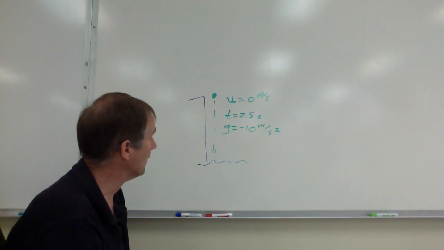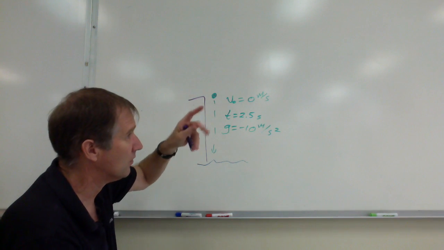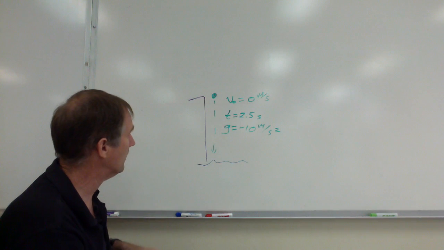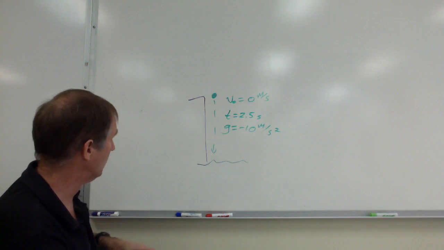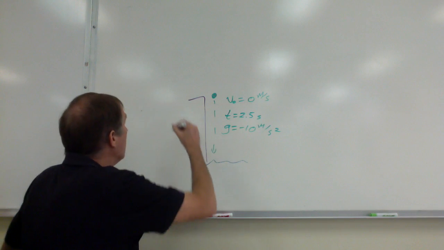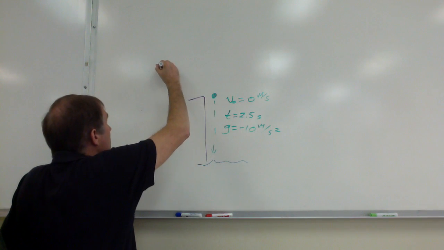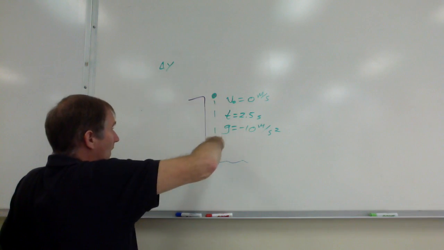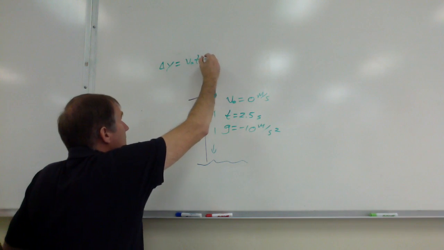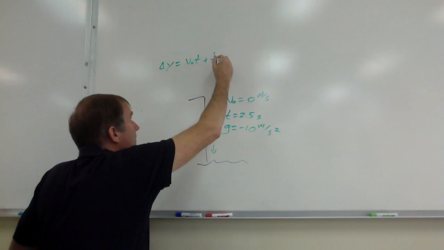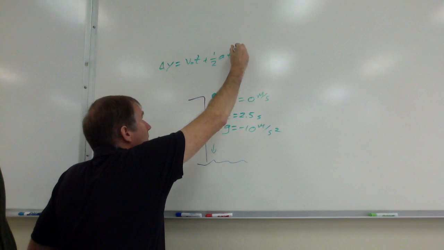And the equation I would use is the one with the t squared in it, because we know the initial velocity. We're looking for delta y. We know the time and the acceleration. So delta y, because we're in the y-axis, up and down, vertical, equals v sub 0 times t plus a half a t squared.